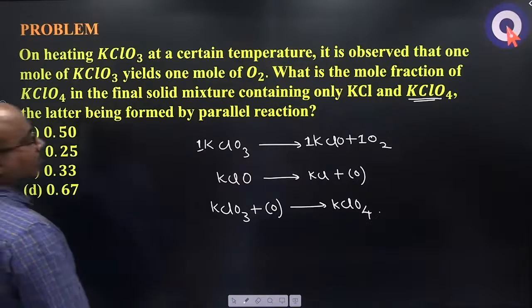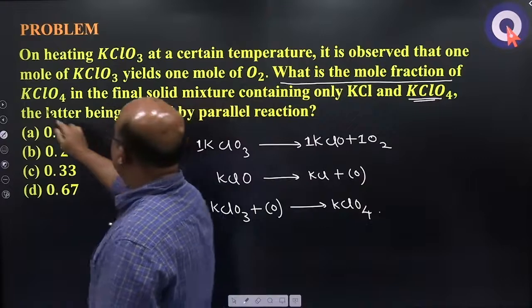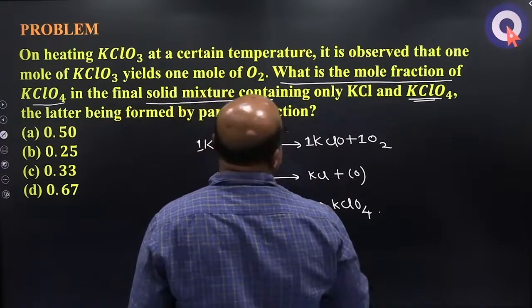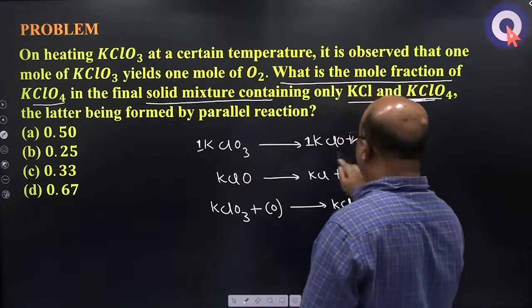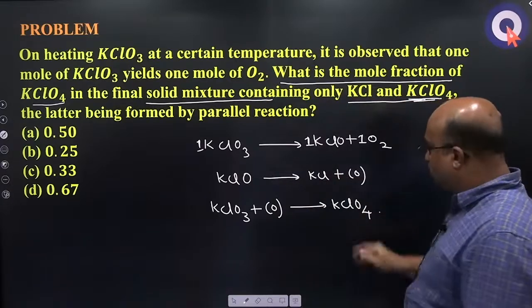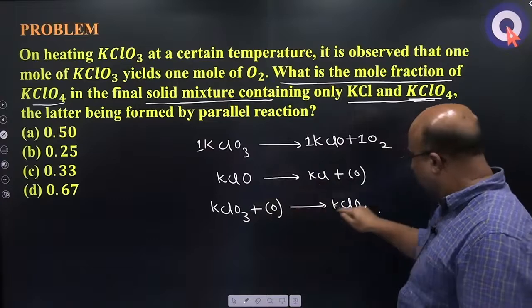So what he is asking is, what is the mole fraction of KClO4 in the final solid mixture having these two. So while decomposing, it might be converting into this, then this is giving KCl plus O, then this O is oxidizing KClO3 simultaneously to KClO4.